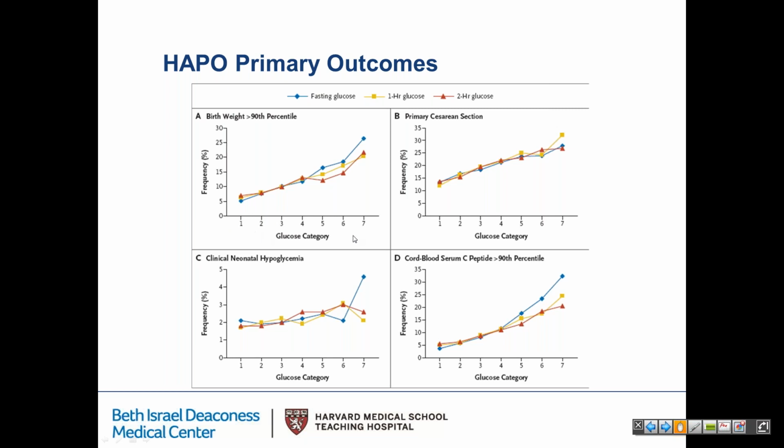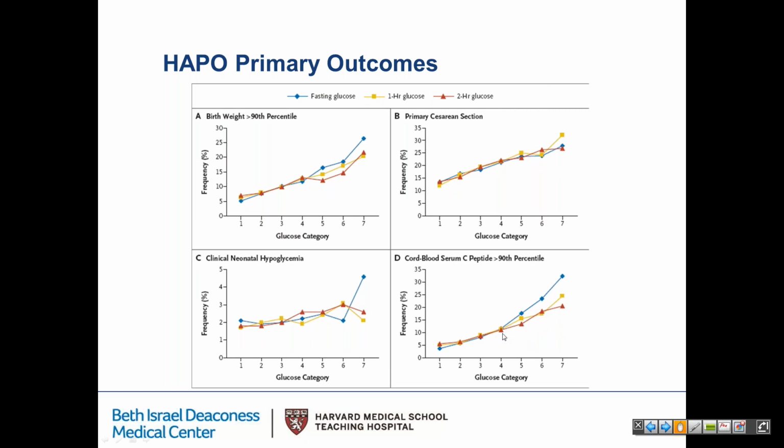So as the maternal glucose increased, both at fasting, at the 1-hour time point, and at the 2-hour time point, the likelihood of having a baby with a birth weight over the 90th percentile increased in a linear fashion. That relationship was similar for primary cesarean delivery, for rates of clinical hypoglycemia in the neonates, and for rates of elevated cord blood serum C-peptide, which is a marker for how much insulin the fetus is producing.